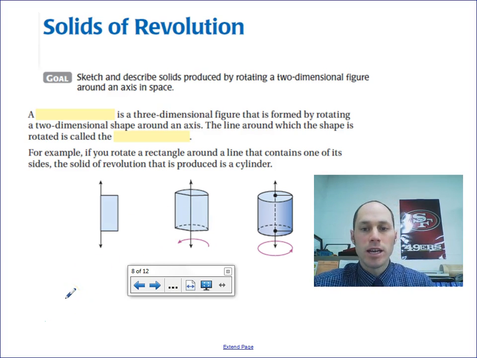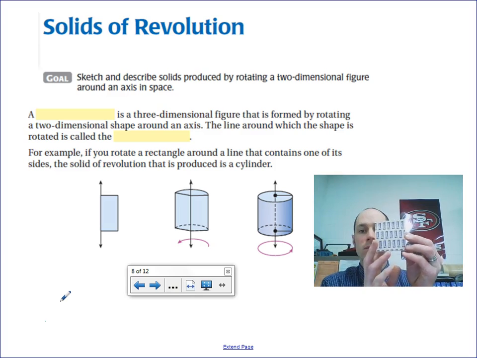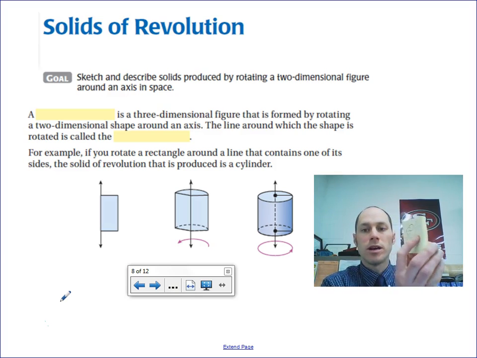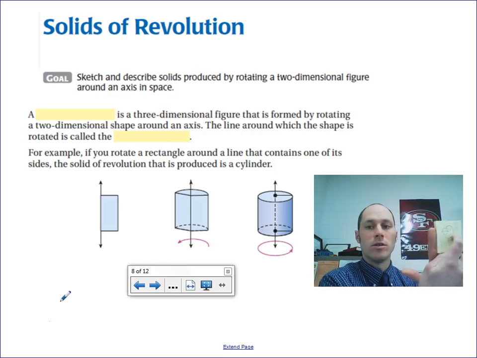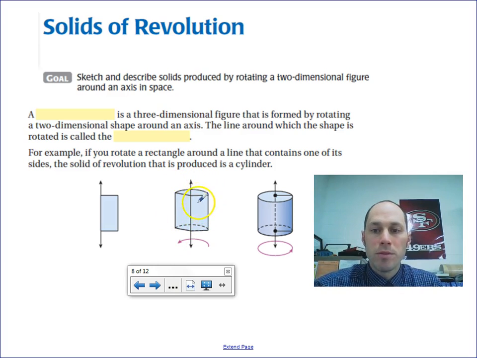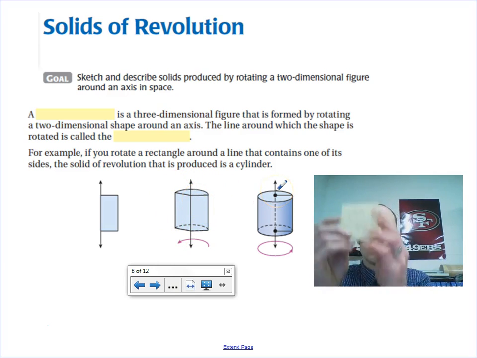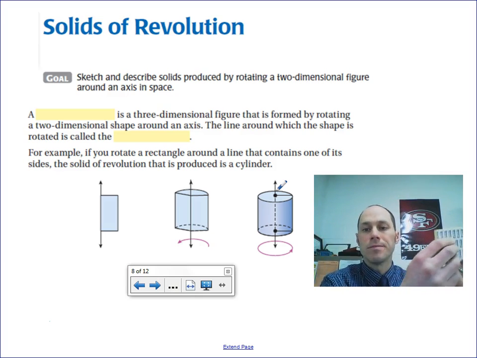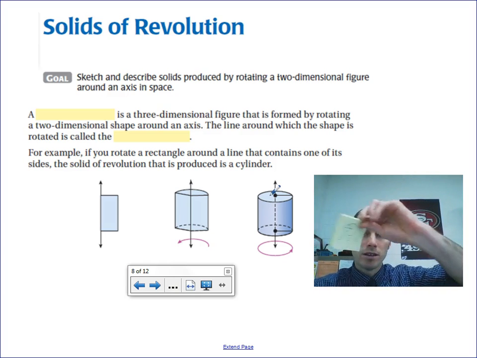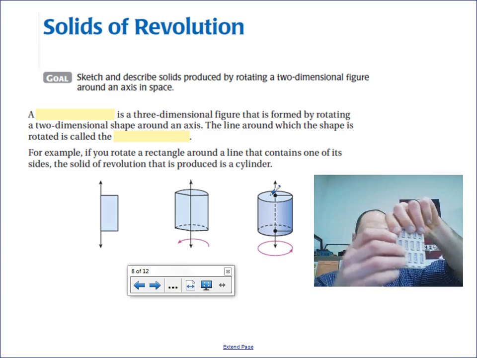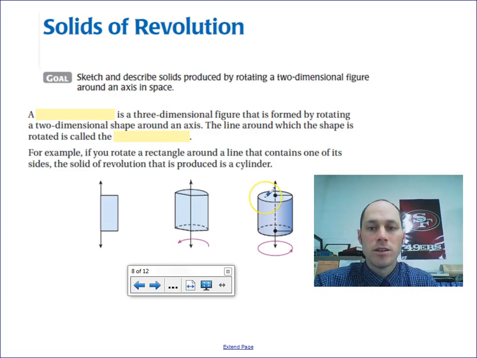So for instance, if I were to take this rectangle, this Post-it pad, and I rotate it around in a circle, I rotate it around this point, notice I'm going to get a cylinder shape. So think of that as, let's say I've got your snow shovel, and you take that rectangle and you spin it around in a circle. You're going to have a cylinder-shaped space now where you've shoveled out the snow.